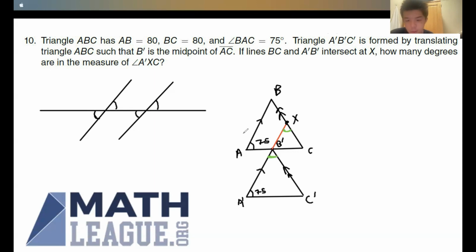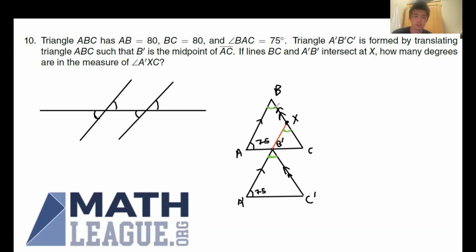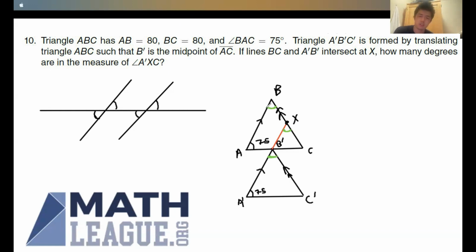But you can look even further and say, hey, this triangle A prime, B prime, C prime is just triangle ABC, but translated, and translating a triangle does not change its angles because we just moved it over. And therefore, this green angle over here should be equal to this green angle over here. And now all we have to do is figure out the measure of this angle over here in triangle ABC, and we'll be all set.